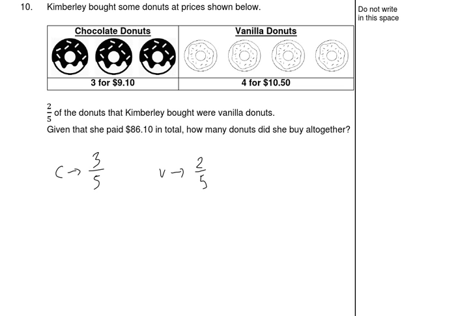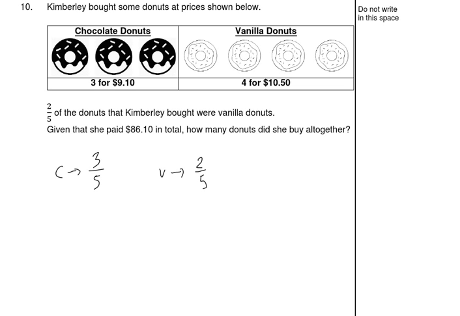So we know one of them is in 3/5, the other one is in 2/5, right? So before we can even solve this question, first of all, we need to make the chocolate and vanilla donuts equal, right? Correct? Okay, but how can we make them equal? Okay, we need to look at these two numbers, 3 and 4, right?